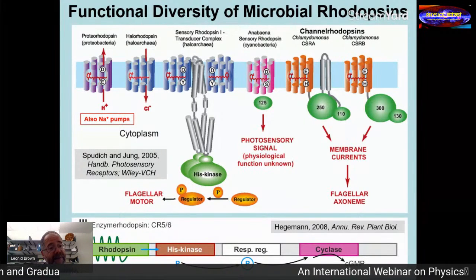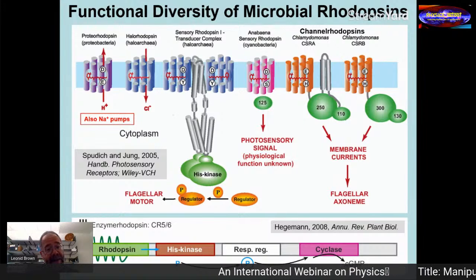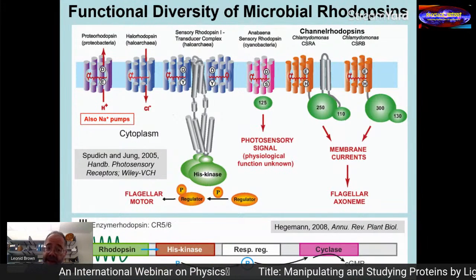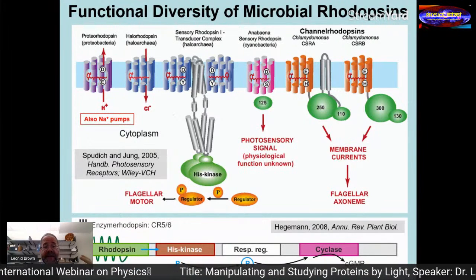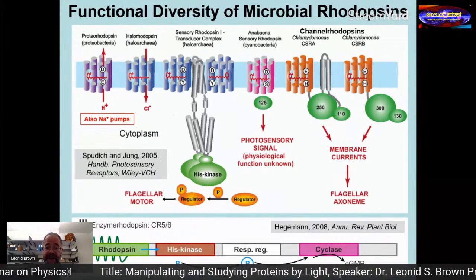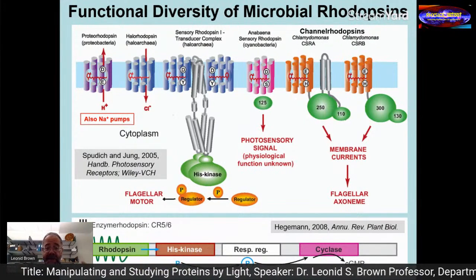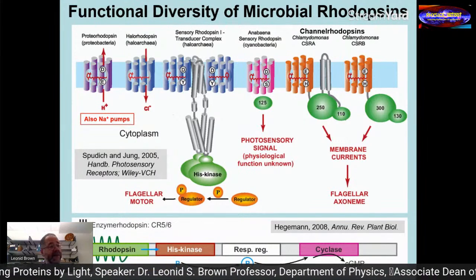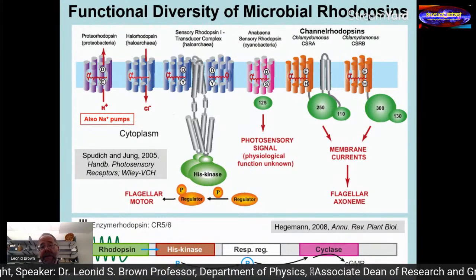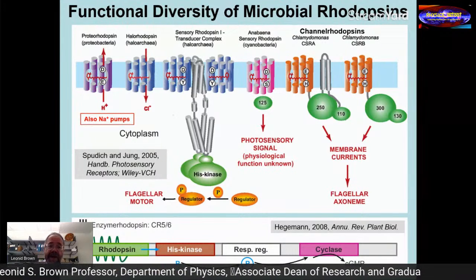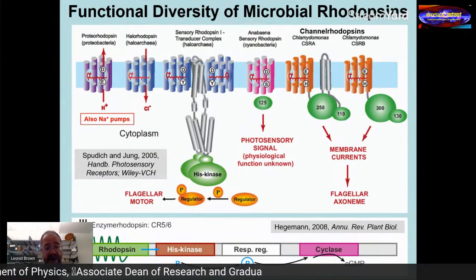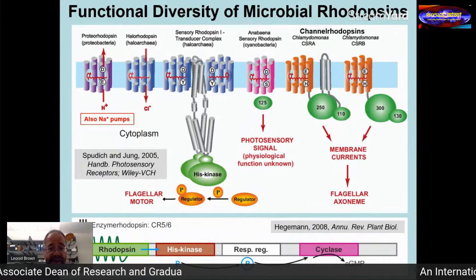Finally, a fairly recent discovery in this century is that rhodopsins can be linked to enzymes, so they can serve as light-activatable enzymes which can produce various signaling molecules inside the cell. So there is a huge variety, and we are not done. There is a lot of work looking at new species of rhodopsins, discovering new functions. So it's a very exciting field.